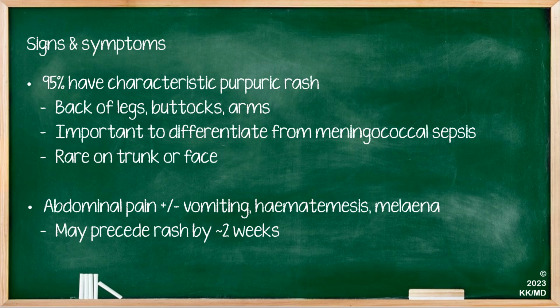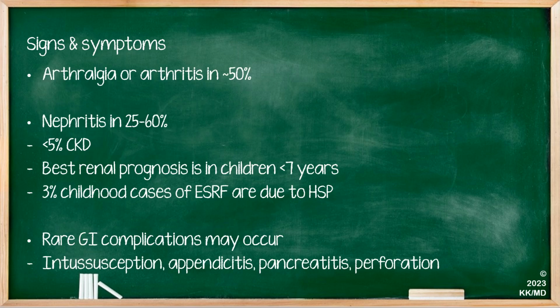It's quite rare for the HSP rash to be on the trunk or face. Patients could present with quite non-specific symptoms, such as abdominal pain, vomiting, nausea, and even in some cases hematemesis and melena. And these may precede the rash by about 2 weeks.